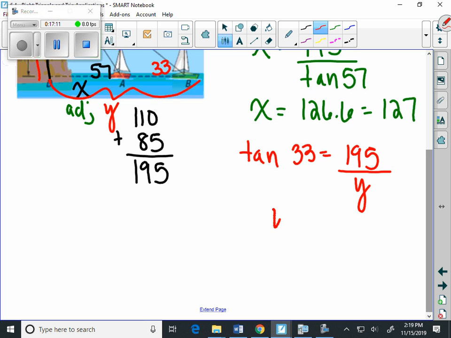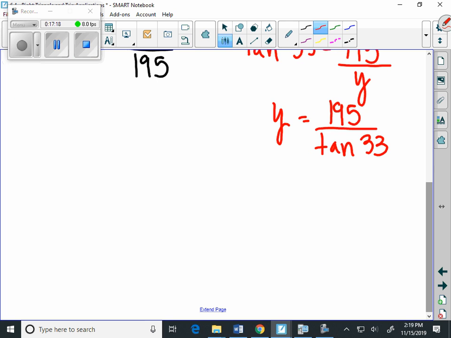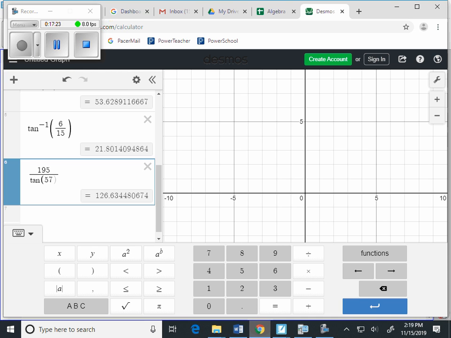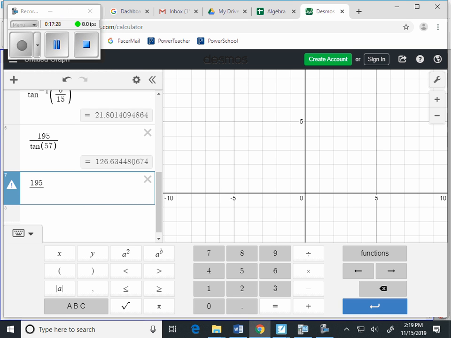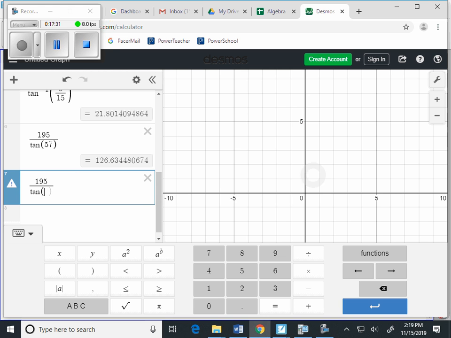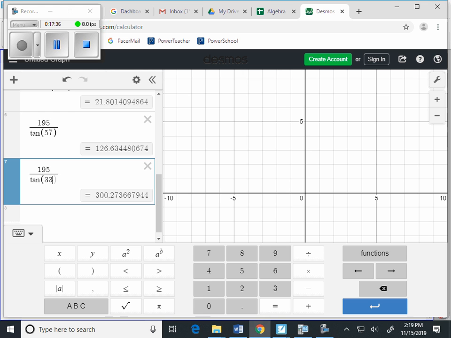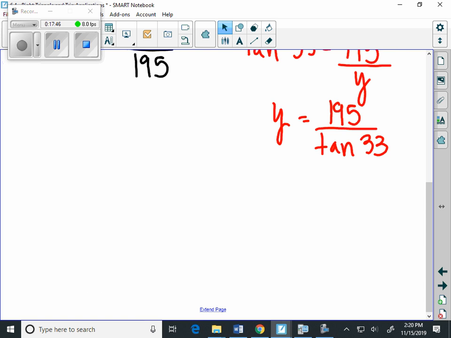So we get Y equals 195 divided by tangent of 33. And that's what we're going to type into decimals. 195 divided by tangent on the functions of 33. And we get 300.27, but we need to round to the nearest foot, so it's going to be 300. So Y equals 300.